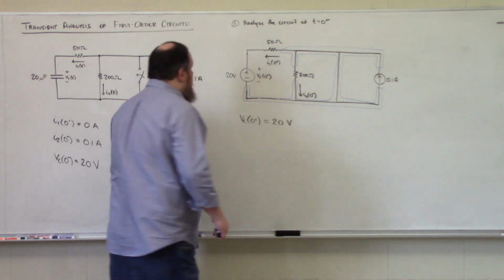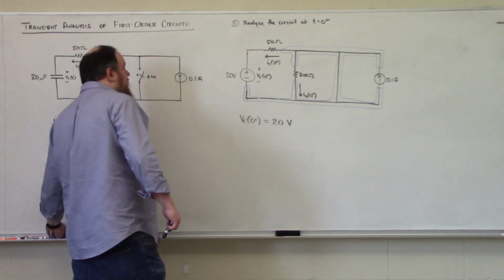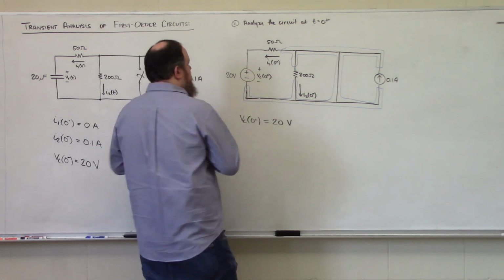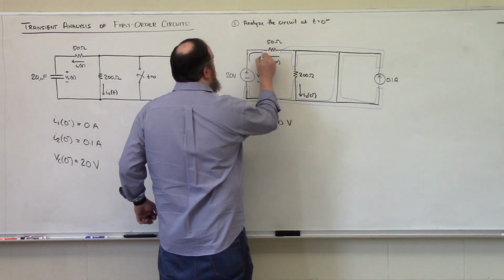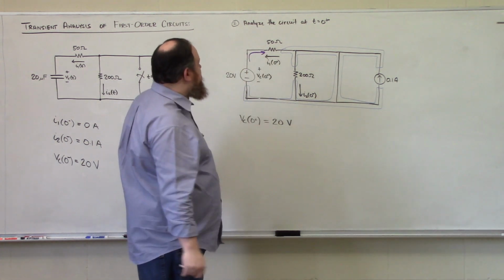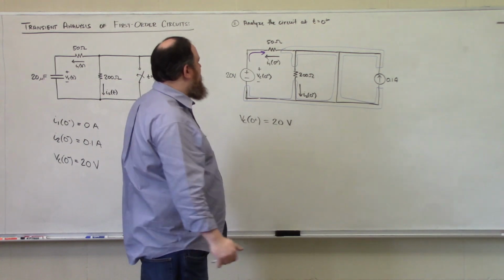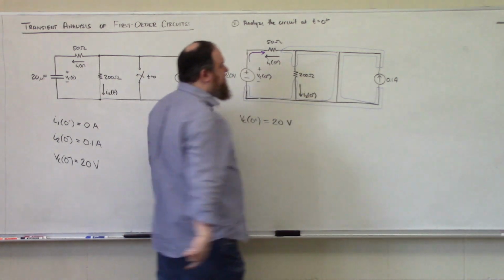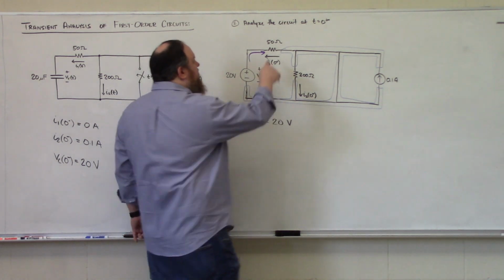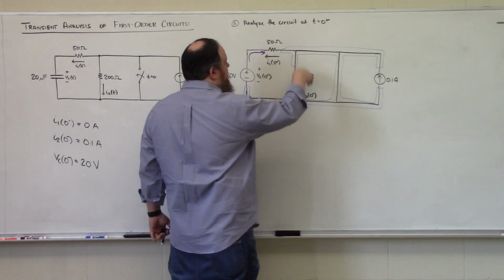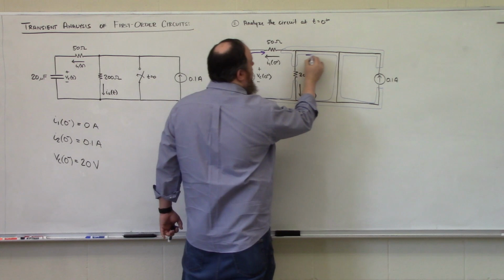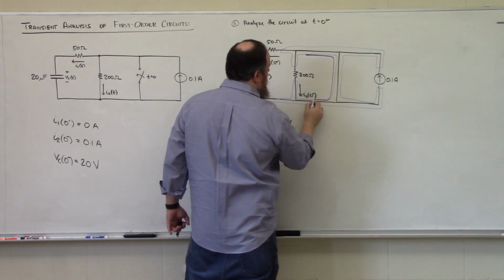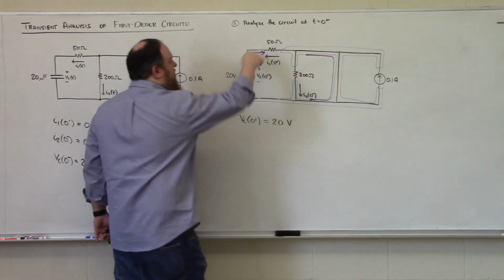The current that's leaving our 20 volt source is going to flow through the 50 ohm resistor in the opposite direction as we have defined I1, and then it's going to hit this node with that short circuit. So none of this current is going to branch off and flow through the 200 ohm resistor. It's all going to flow through the short and then come back around.